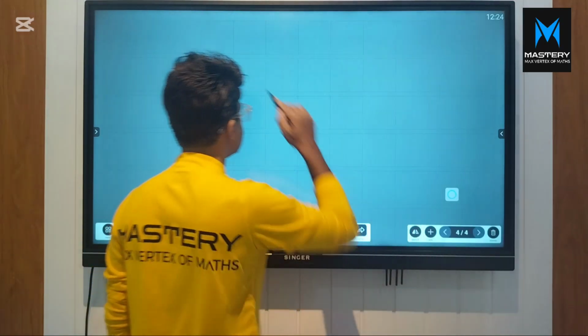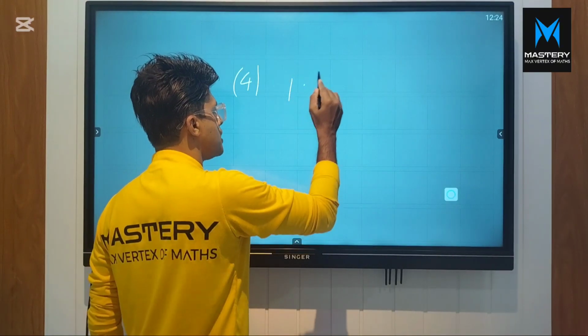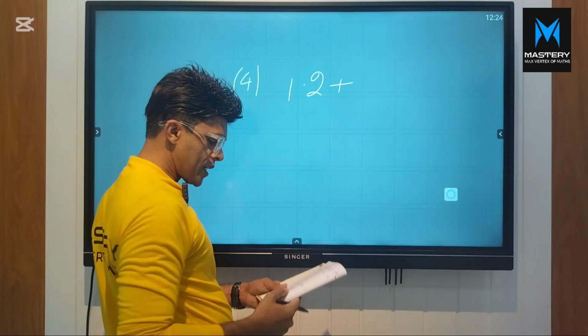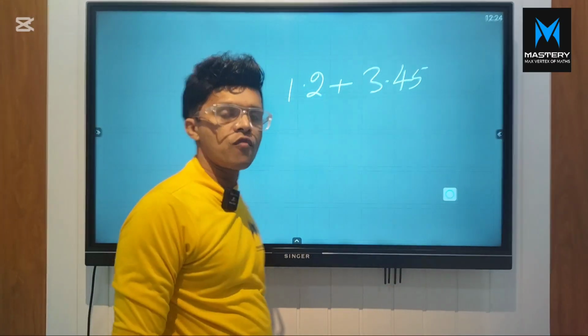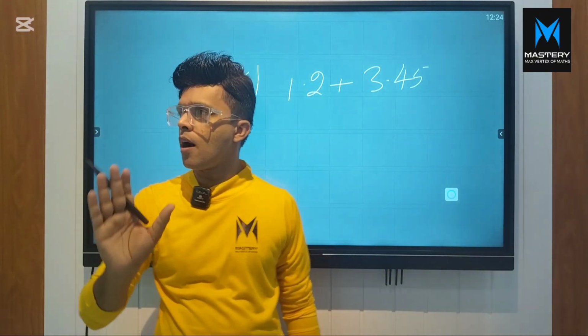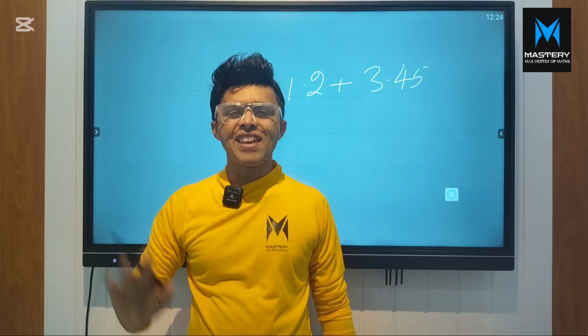The fourth question is, we need to find this sum, right? So 1.2 plus 3.45. Addition of decimal numbers. A decimal is a part when you divide a given segment into 10 equal parts.